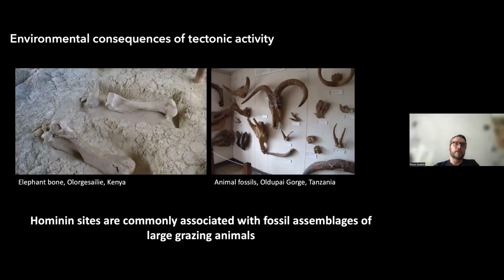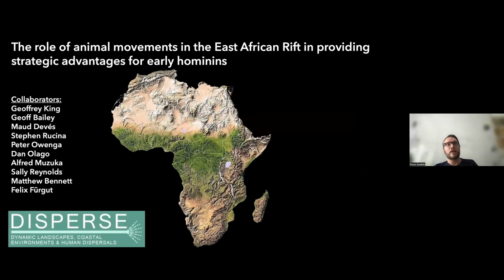So this suite of observations has motivated a team of archaeologists and geoscientists to look closer into the role of tectonic activity and soil nutrient distributions in the East African Rift as a proxy for better understanding the location of early hominin sites in that region.